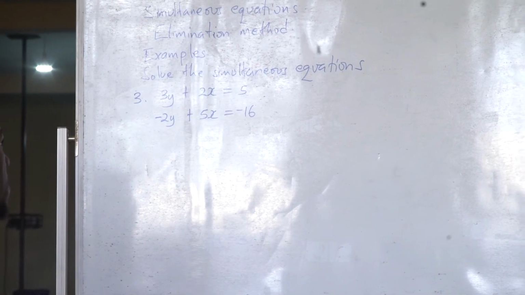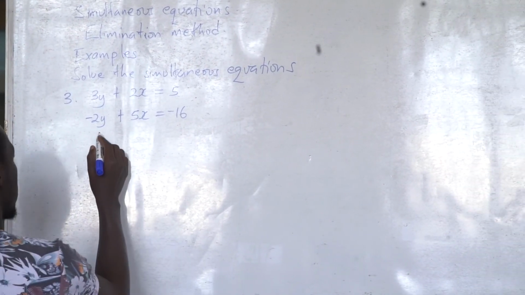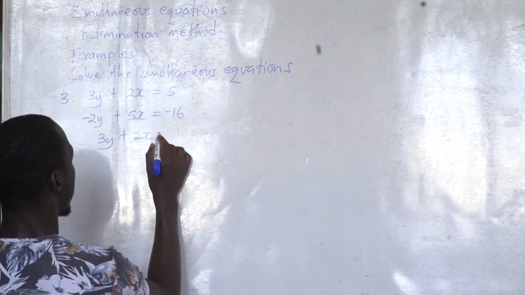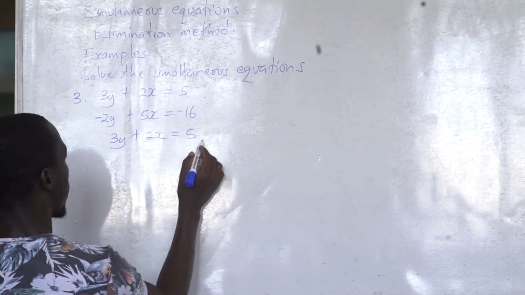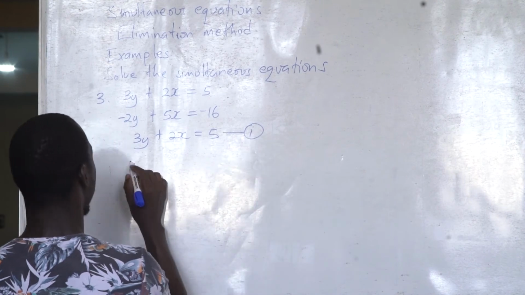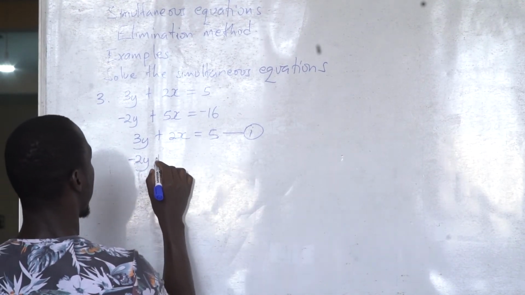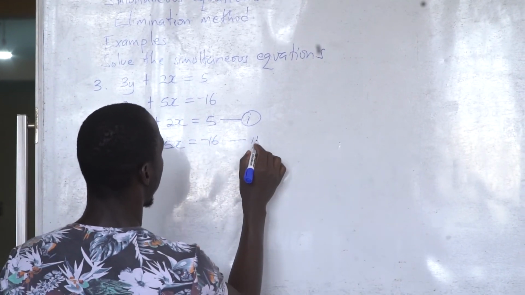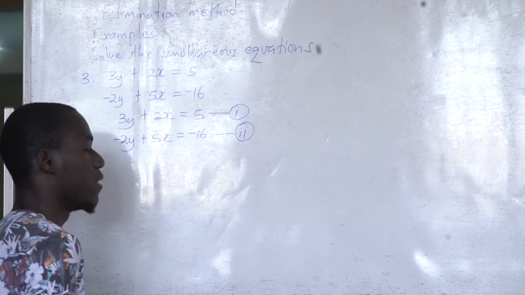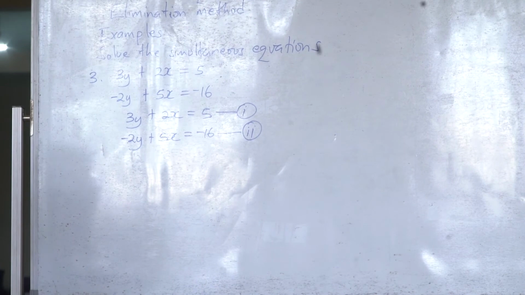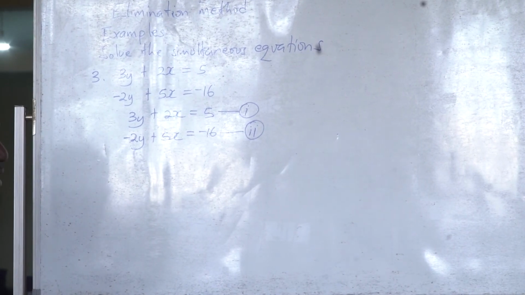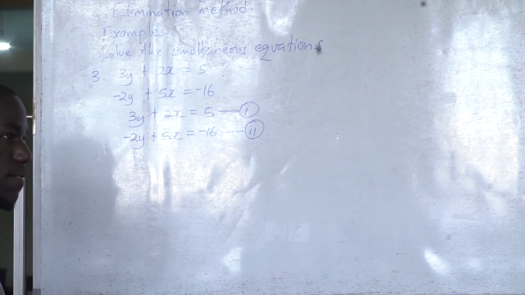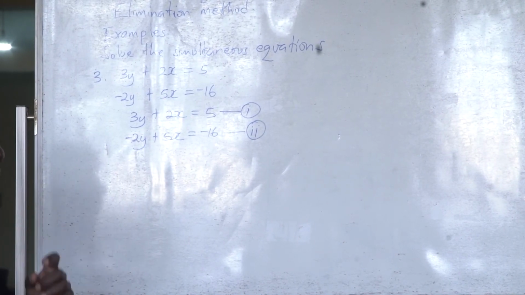Then we say step 1 is to label. Then step 2, identify the unknown you would wish to eliminate. Suppose it is y. We check the signs are different.